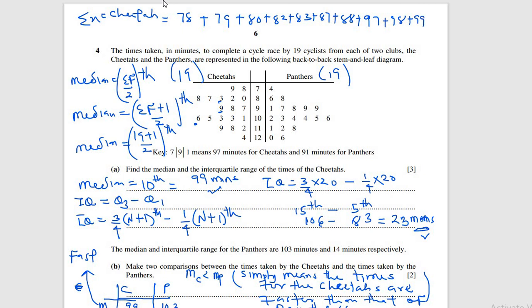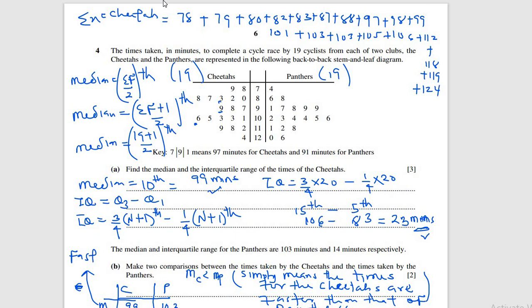I'm using the key. I've moved to 10 now. 101, 103, 103, 105, plus 106 plus 112 plus 118 plus 119 plus 124.